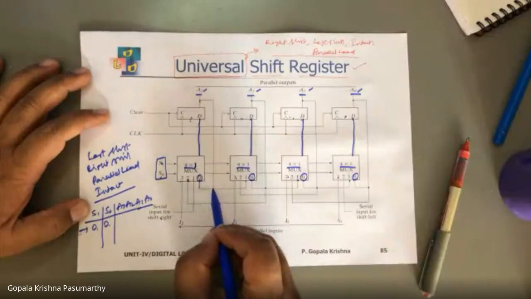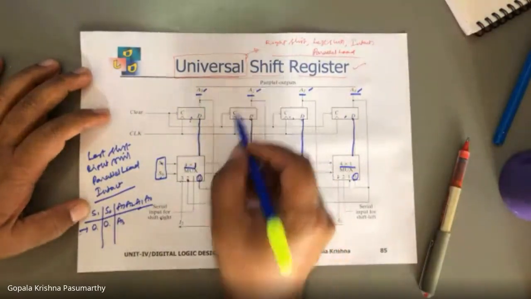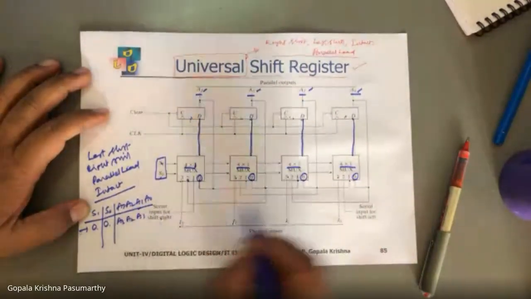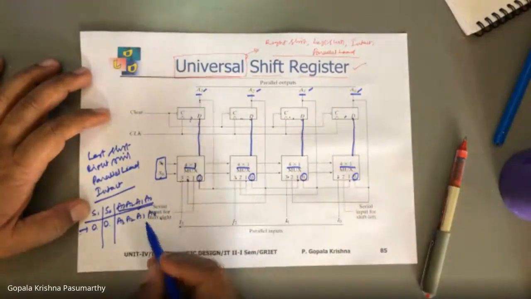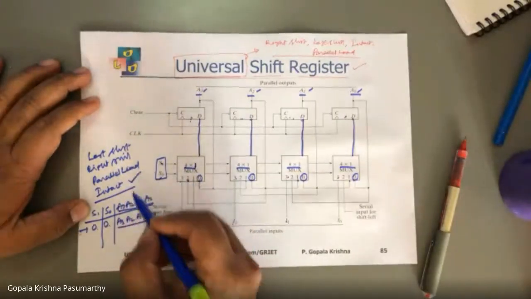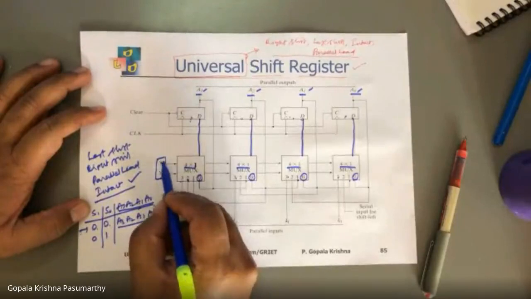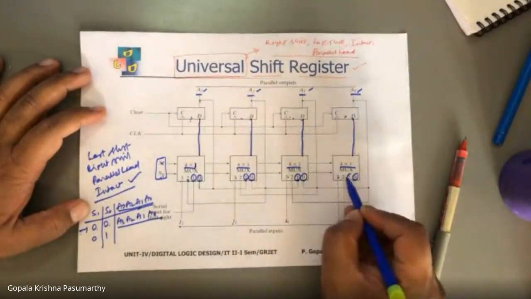For A3 the 0th input is nothing but A3, this input is coming from A2, this from A1, and this from A0. So it will be A3, A2, A1, A0 only. This is called intact: leave the register as it is. Now if you give S1, S0 as 0, 1, the first input will be selected.